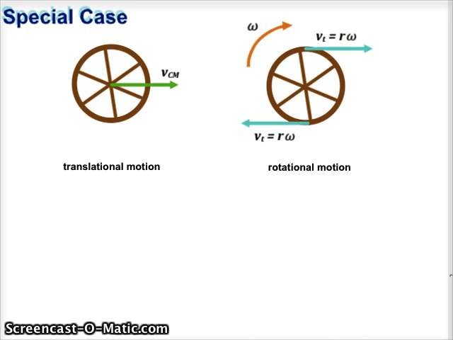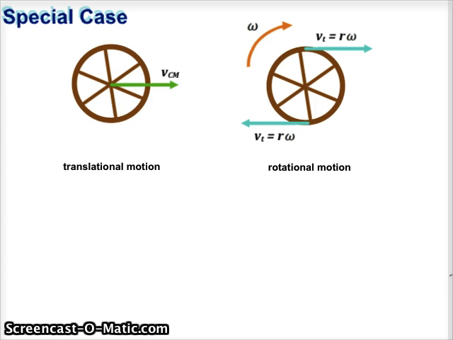Now this type of rolling actually represents a very special case of something that has both forms of kinetic energy. When something rolls without slipping, there's an extra relationship between v and omega that we've seen before, but does definitely apply in this situation. So think about maybe a wheel just rolling across a horizontal surface.